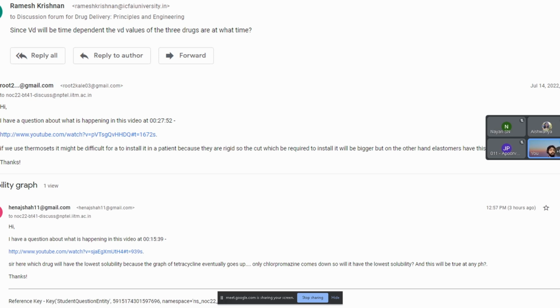So once they are formed, you can twist and turn and reshape them, and you can even remelt them and reform them. So given this, the person asks, because thermosets are so rigid, when you want to insert a thermoset in a patient, will that not require a bigger cut than elastomers? Thereby making elastomers a much more favored polymer to insert into the body.